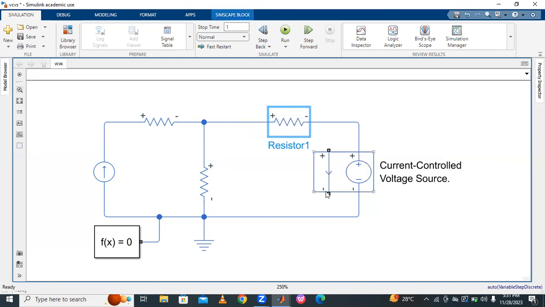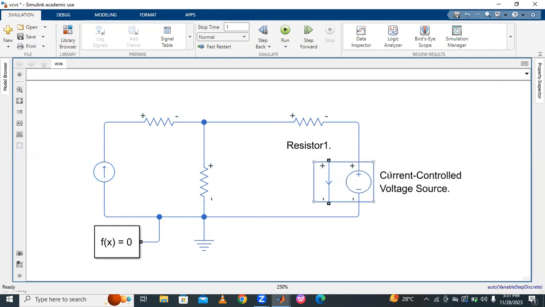this is called a dependent parameter. For example, it depends upon the current flow into the resistor. Current flow into resistor 1, it depends upon the current flow into resistor 1. Let us assume. So how to connect: connect in series with this resistor and remove this terminal, and current enters into this terminal like this, current enters from here.